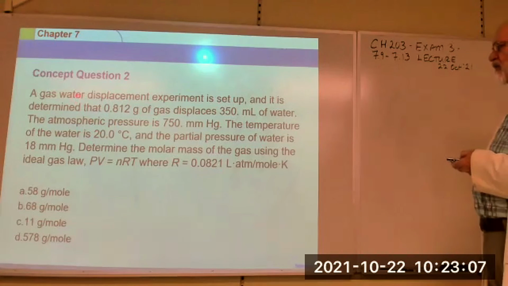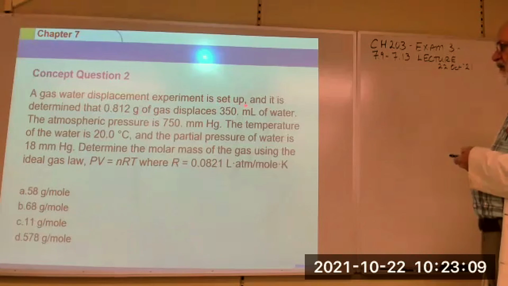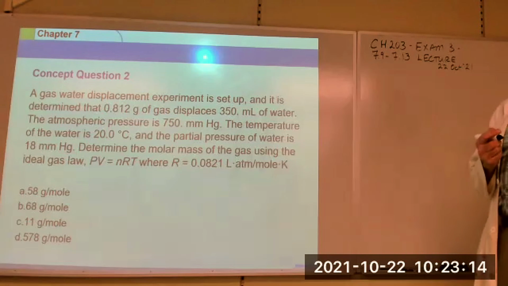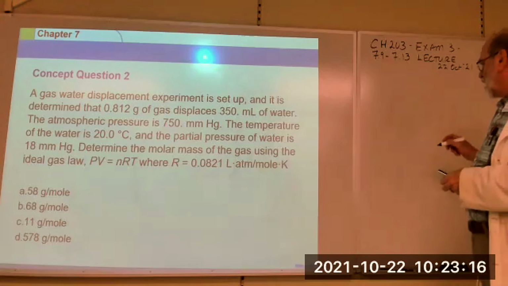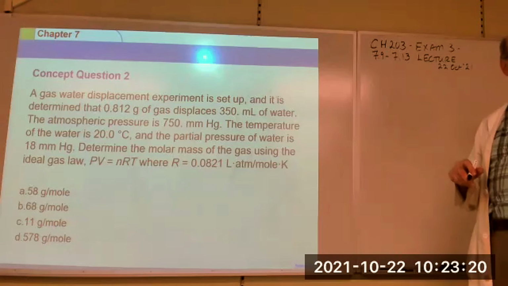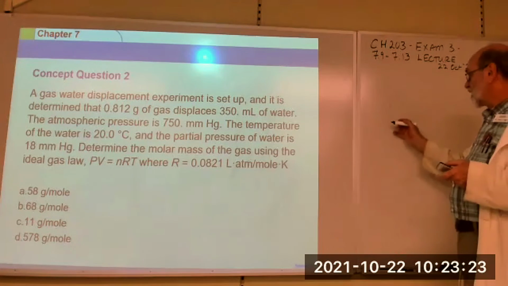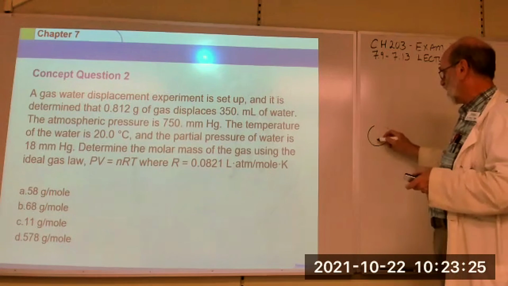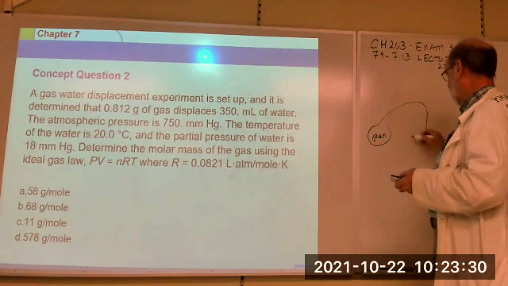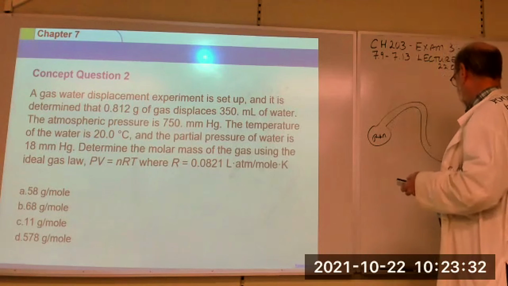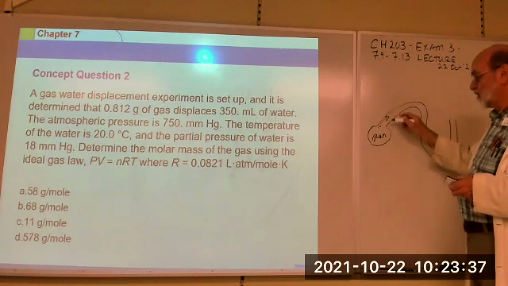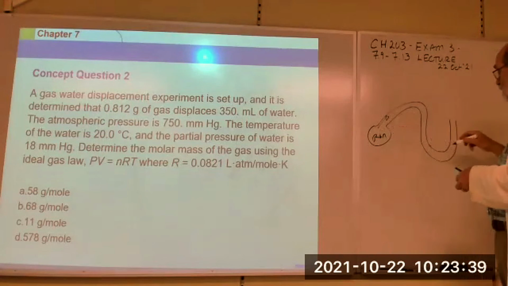A gas water displacement experiment is set up. When a reaction takes place, if there's a gas produced and you want to collect it, one way is to have the reaction in here, whatever is going on in there, and the gas is evolved from that reaction.